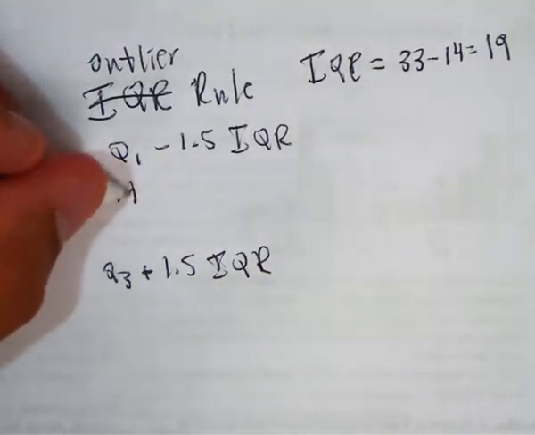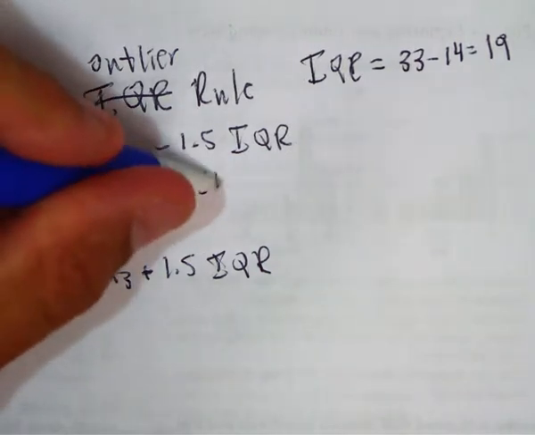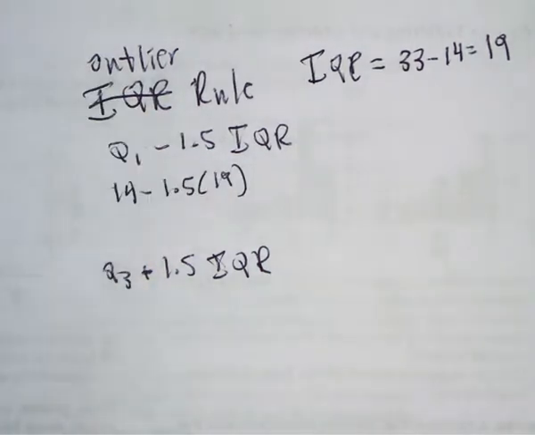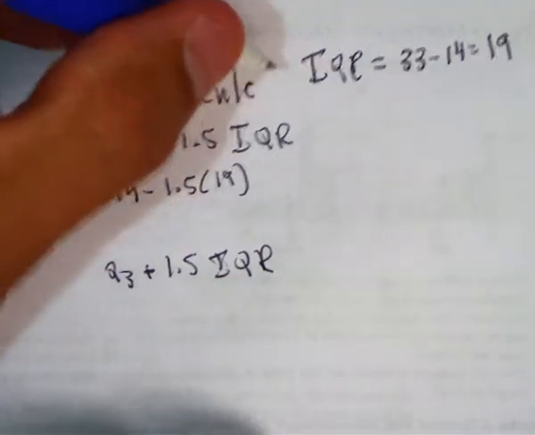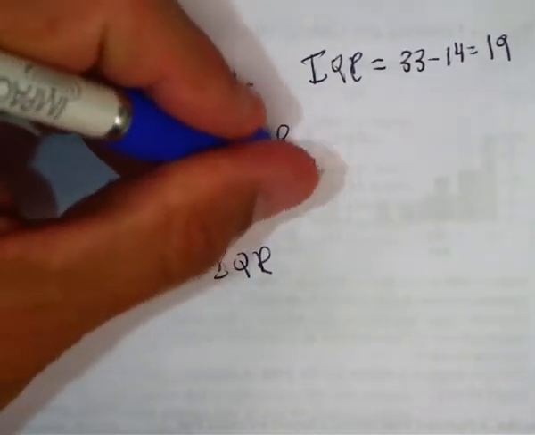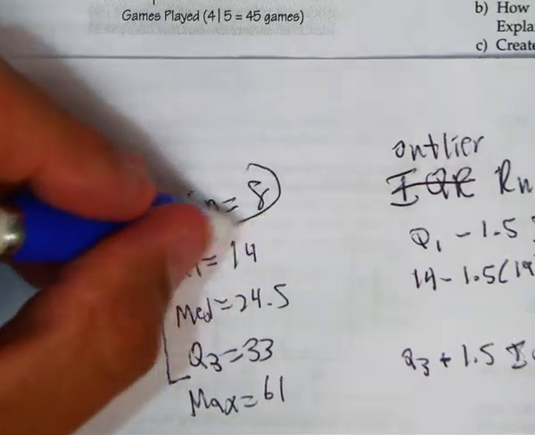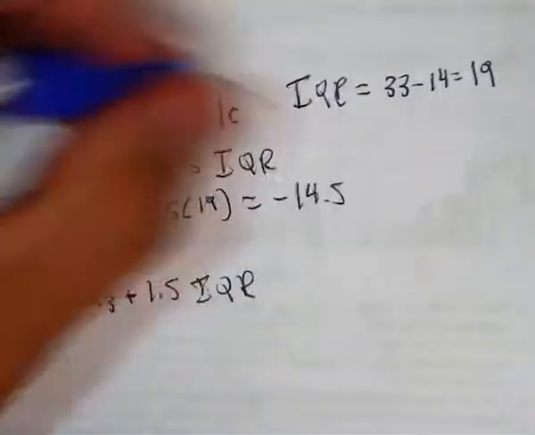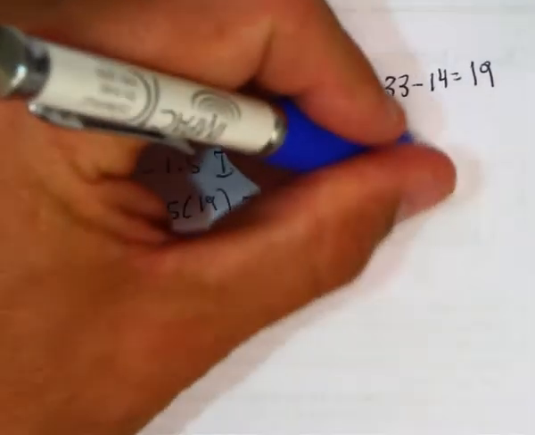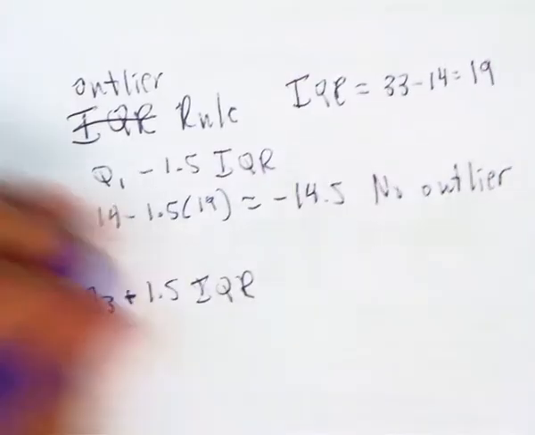Q1, 14 minus 1.5 times 19, and I know that that's going to be less than 0, so that's negative 14.5. So I go up, and my minimum's 8, so there's no outlier there. There's nothing less than negative 14.5.